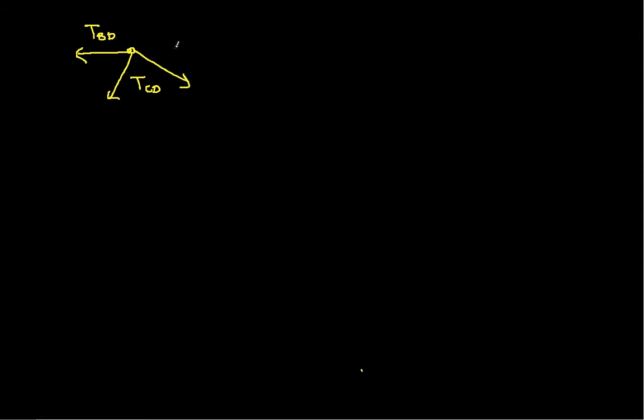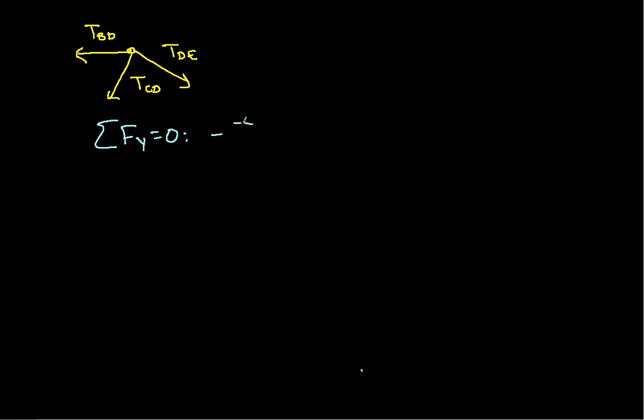I have TDE, which I don't know. Okay, now I'm going to go straight to the summation of forces in the y direction is equal to 0. The reason I'm going to do that is if I do this, then TBD isn't going to show up in the sum of forces in the y direction, and it'll make life a little bit easier.